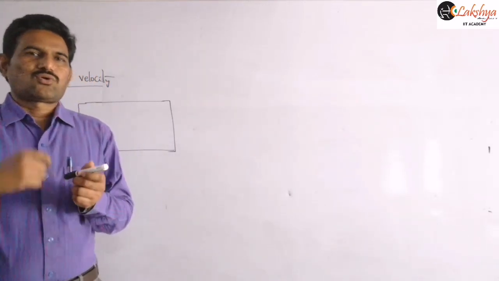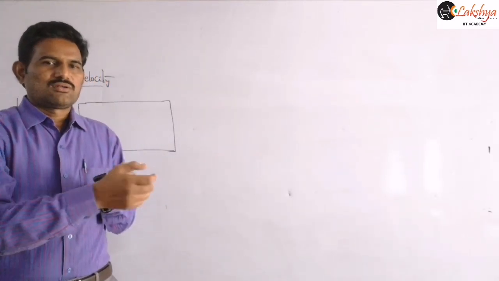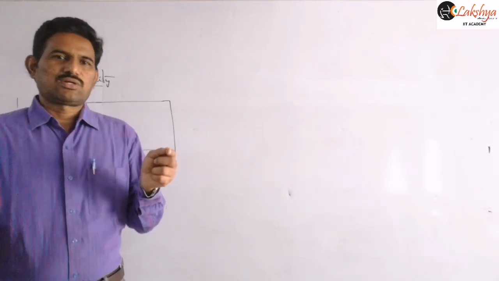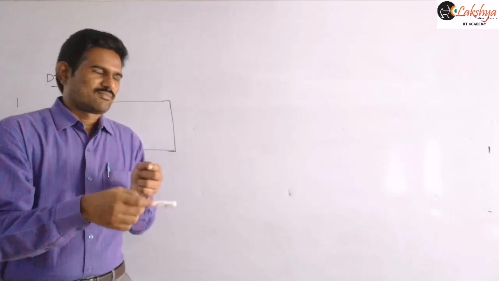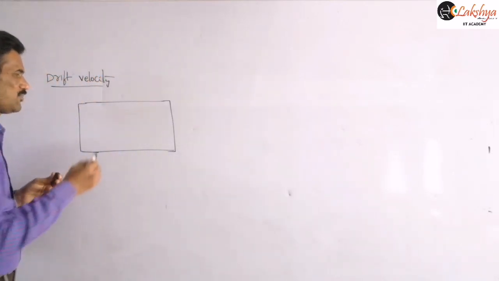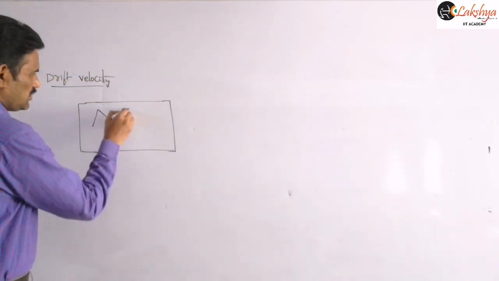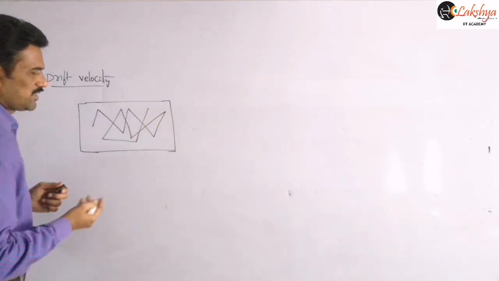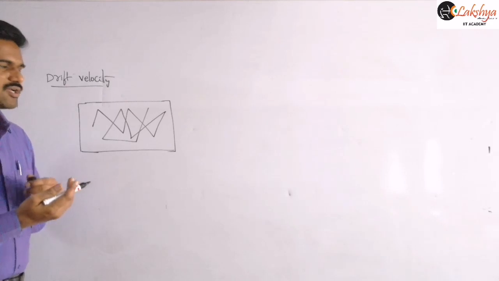They collide with an ion and change their direction, then collide with another ion and change their direction again, right? So inside this conductor they follow some random, zigzag path.